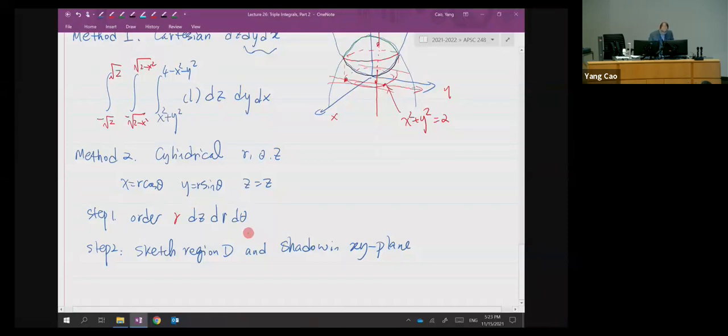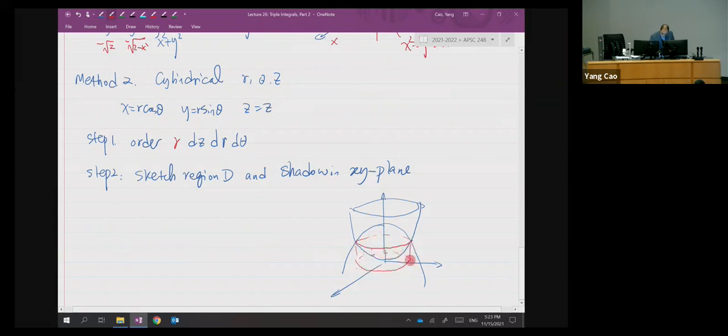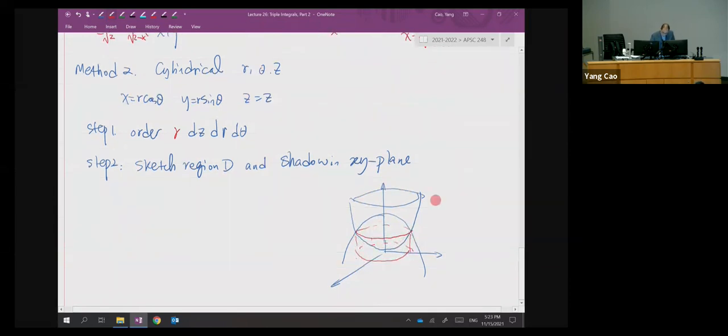So we already have the sketch, but just for this benefit, let's resketch that. All right, so here is the actual region D and its shadow.